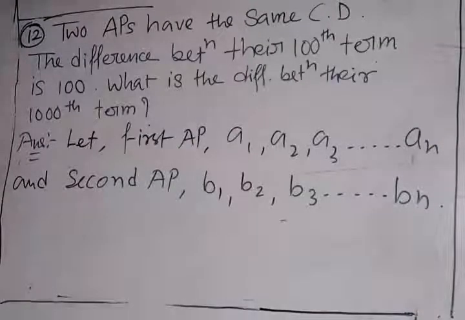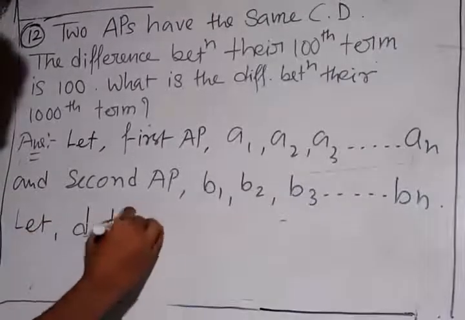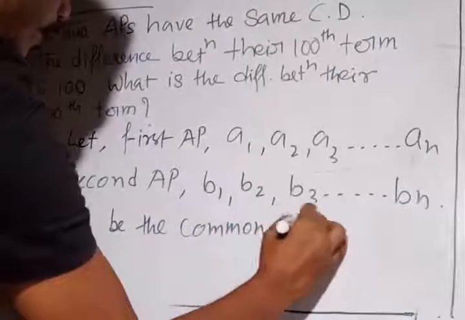Now it is given that the difference between their 100th term is 100. Before that we can take one more thing. The common difference is also not mentioned, so we have to use it.